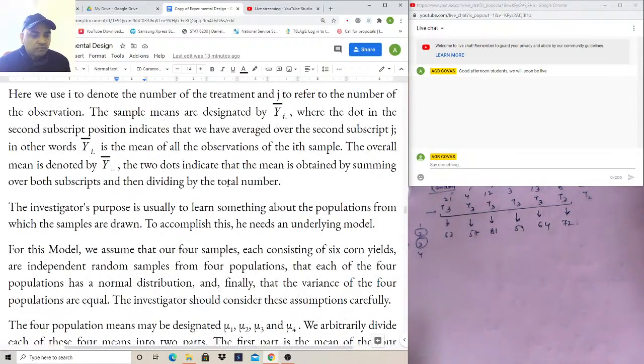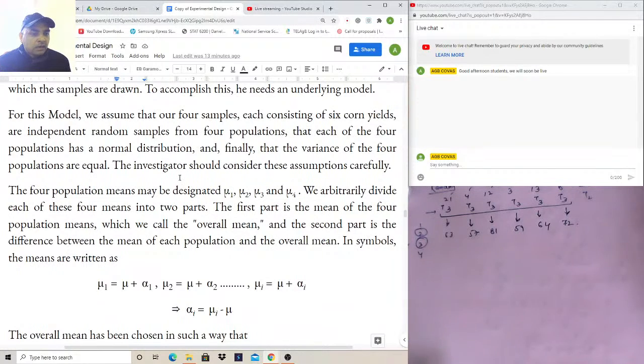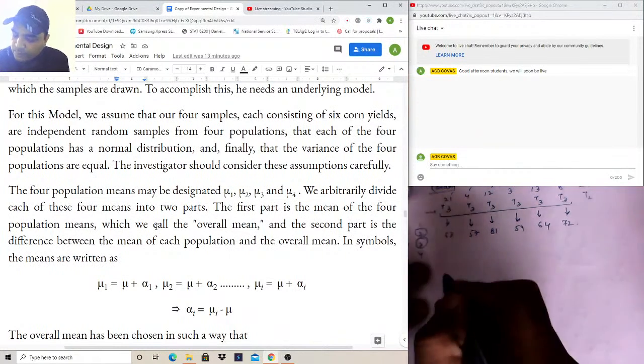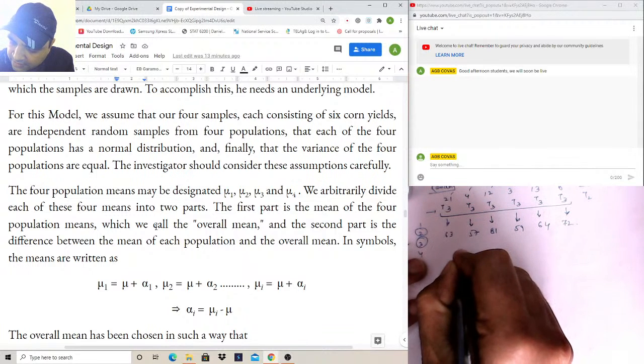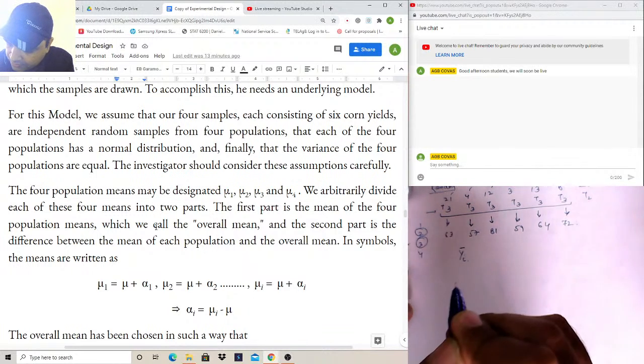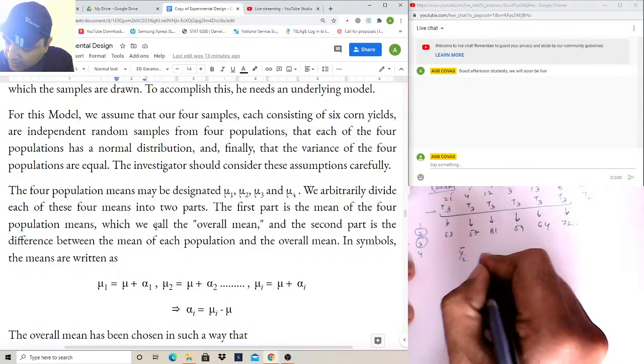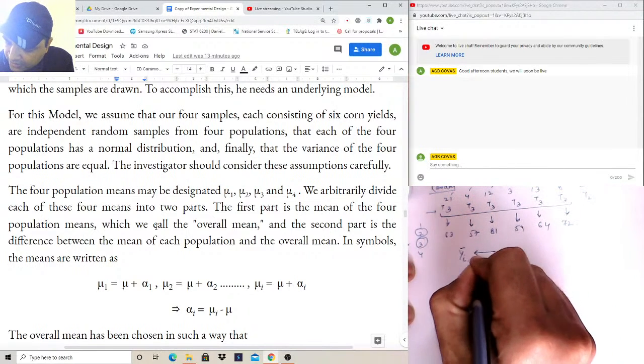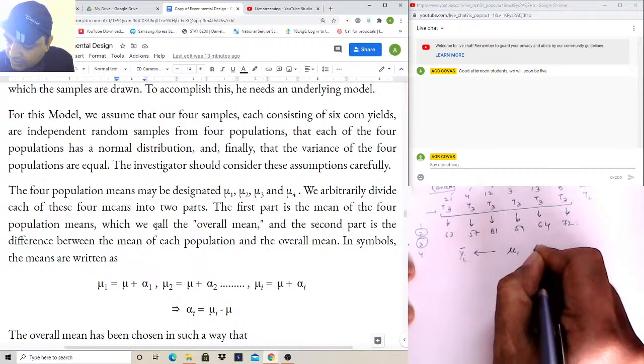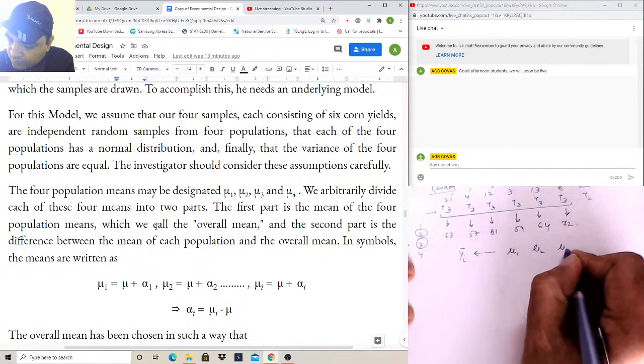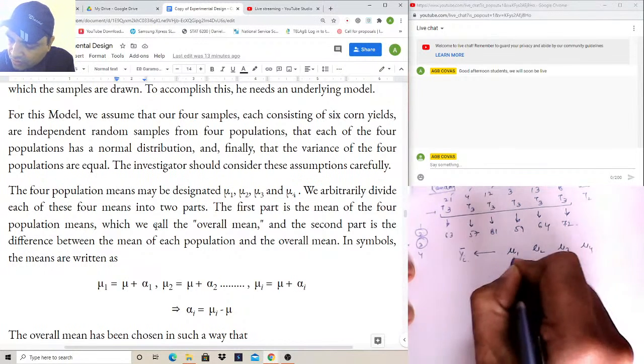Okay. Now, the 4 population means may be designated as, so the mean of the sample is designated by y bar I dot, whereas that of the population from which it has been obtained is mu1, mu2 for second, mu3 for third and mu4 for fourth.